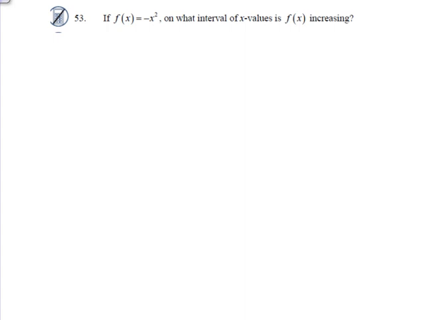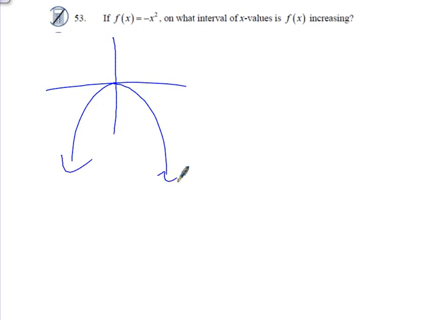Going to 53, if f of x equals -x squared, on what interval of x values is f of x increasing? So we can look at the graph of -x squared. We should have a pretty good idea of what that looks like. If not, you can just plot some points. So you can clearly see, looking from left to right, it's increasing here, going up, up, up, until it hits 0.